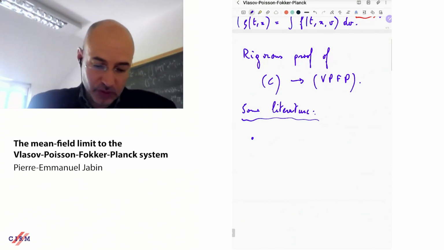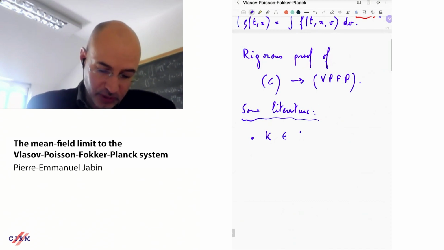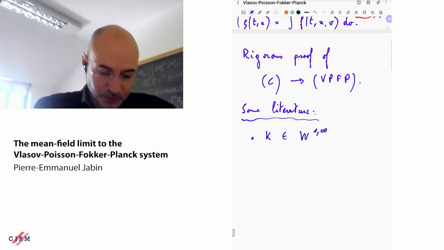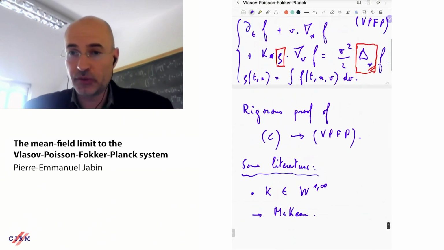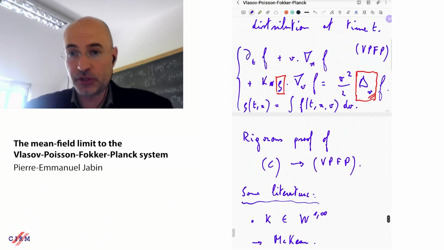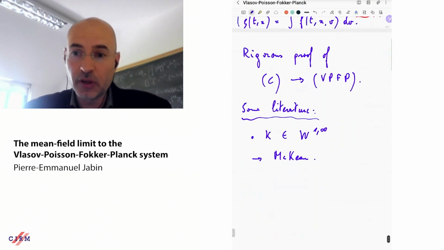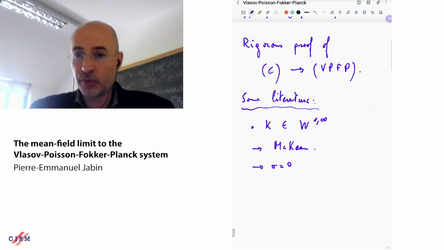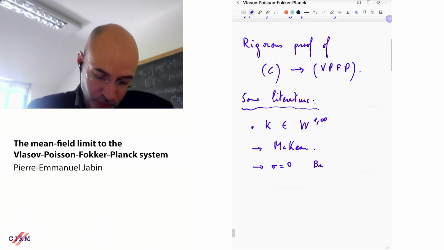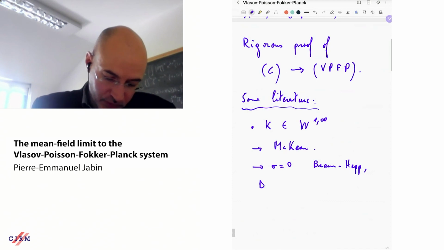Now, the first works are done in the case where K is Lipschitz, so W^{1,infinity}. In the stochastic case, you have the very famous work by McKean, so much so that this class of equation is now usually called the McKean-Vlasov equation. And in the deterministic case, if your sigma is equal to 0, you have a very famous work as well by Braun and Hepp, and Dobrushin at the end of the 70s. McKean was the 60s.